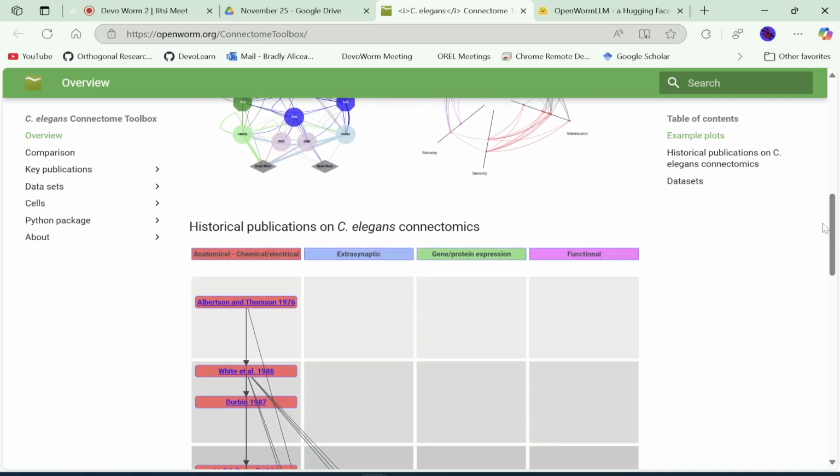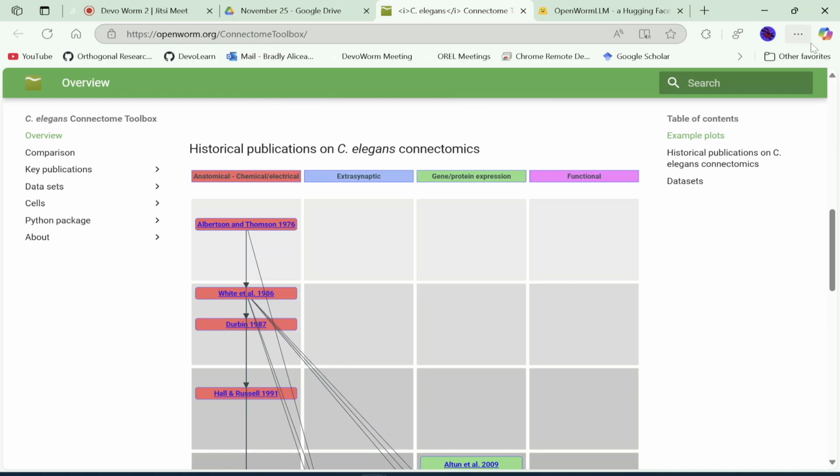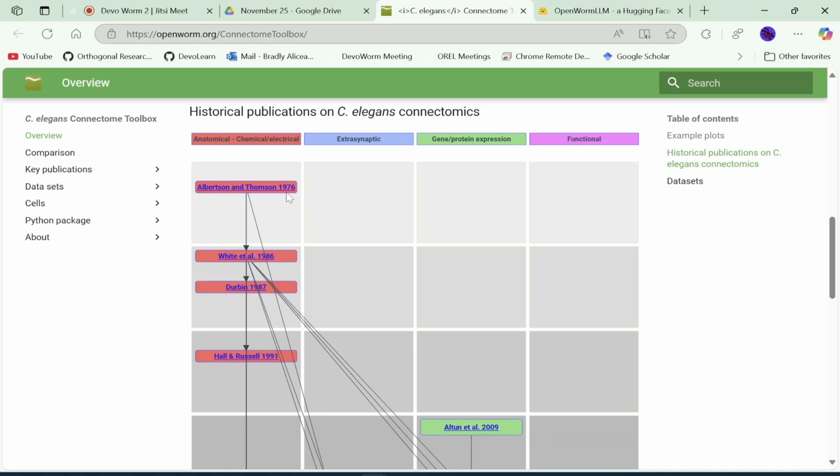Then we have these historical publications. This is a nice chart. It goes into the different categories of Connectome data sets, and then the publications associated with them. We have the anatomical, chemical, electrical networks, the extrasynaptic networks, the gene protein expression networks, and the functional networks on the right.